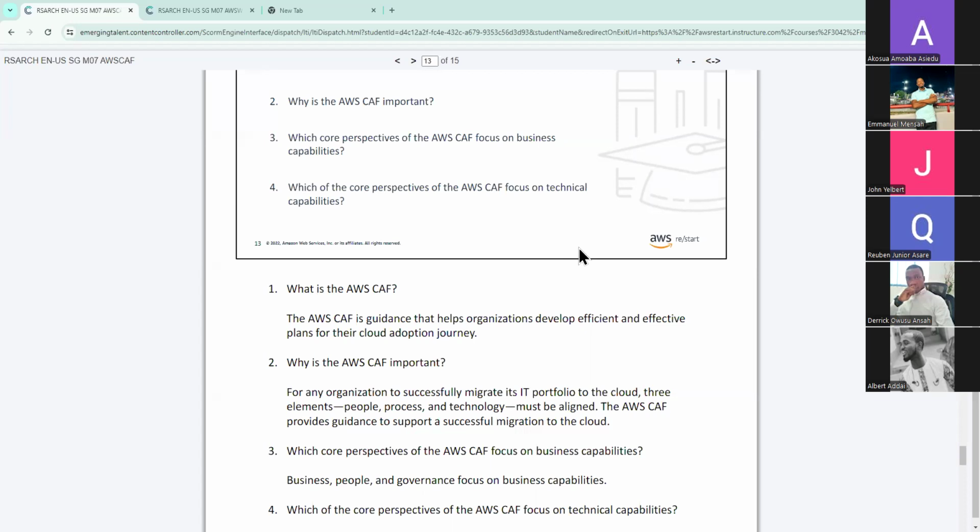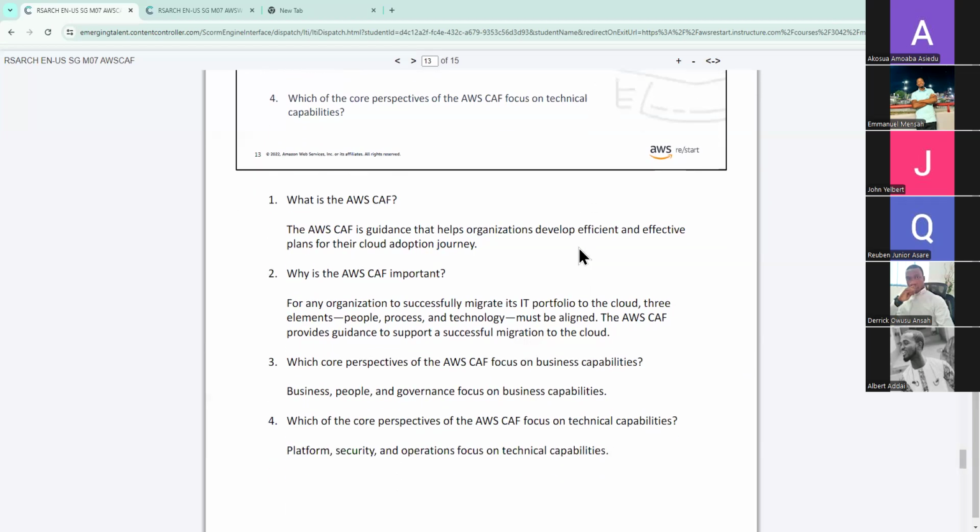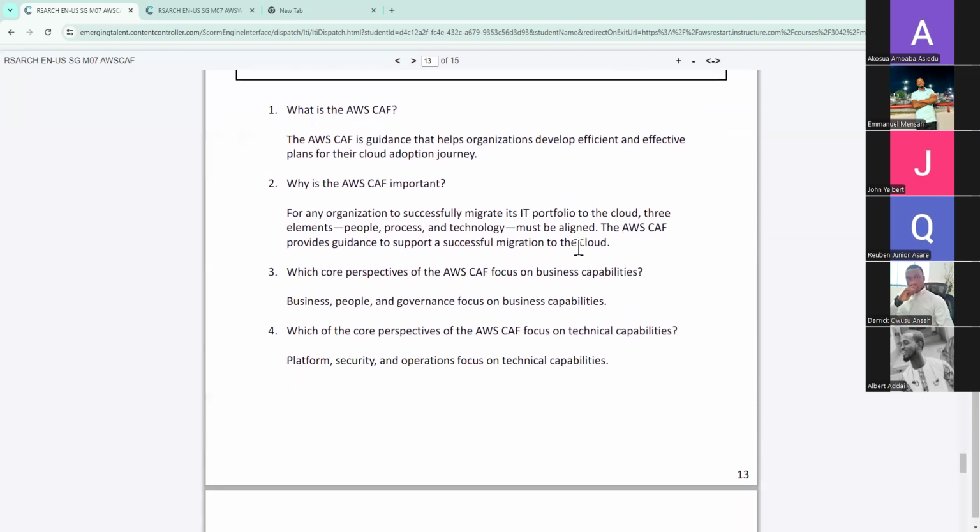Okay. And the cloud adoption framework shows us the necessary aspects, the necessary departments that need to be on board when it comes to adopting the cloud. So it's all about making a good business case for why you should move from traditional to the cloud.